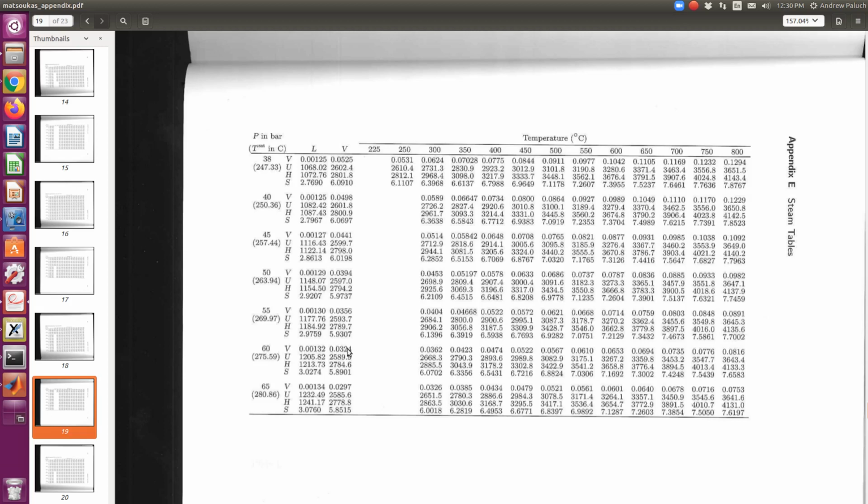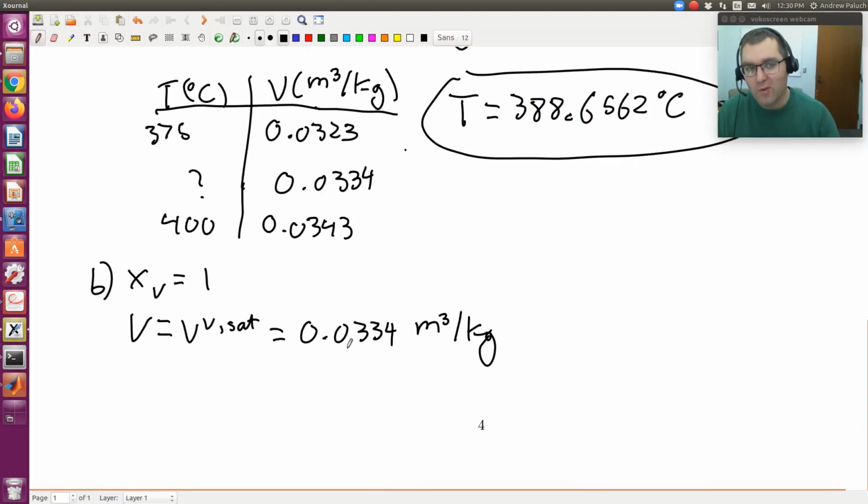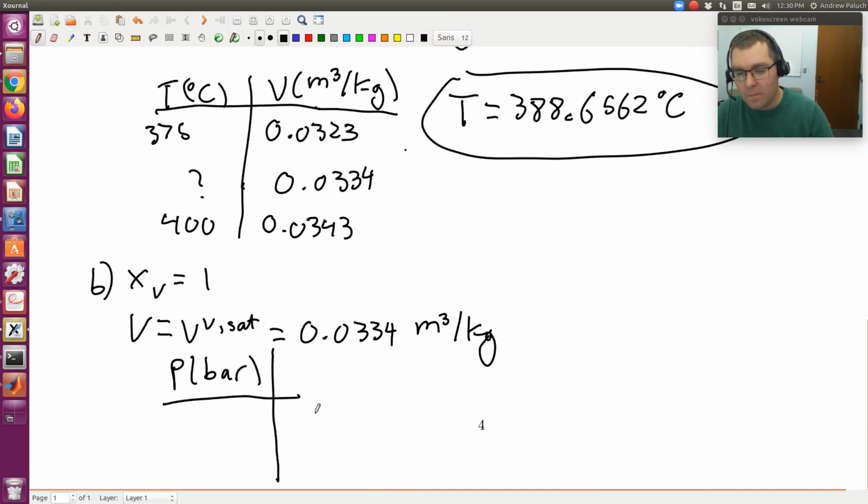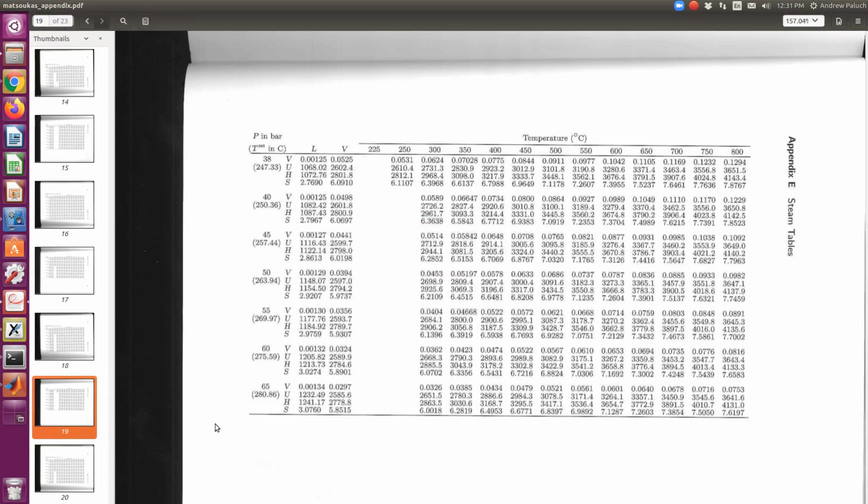So what I'll need to do again is interpolate. Now I'm going to have a pressure in bars, and then I'll have V_v sat in meters cubed per kilogram. I believe the first entry was 55.